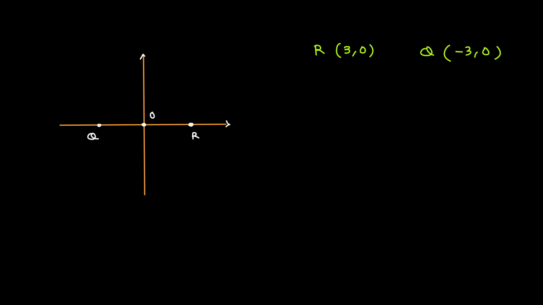Now, if we look at the grid, the distance from O till R is 3 units. Again, looking at the grid, the distance from O till Q is 3 units. Even though one of the x coordinates is positive and the other is negative, the distance OR, the magnitude, the distance from the origin, is 3 units.